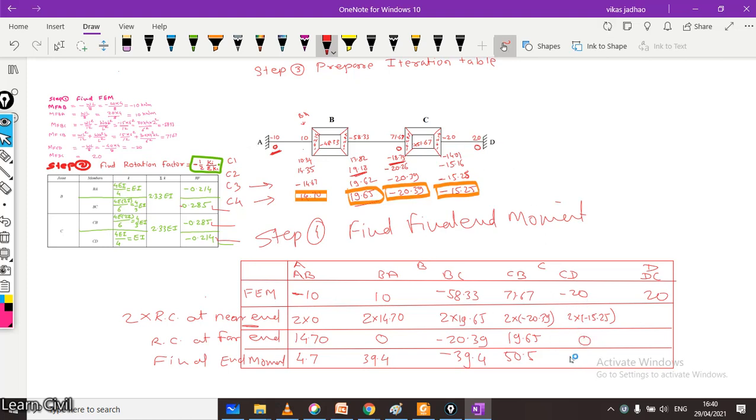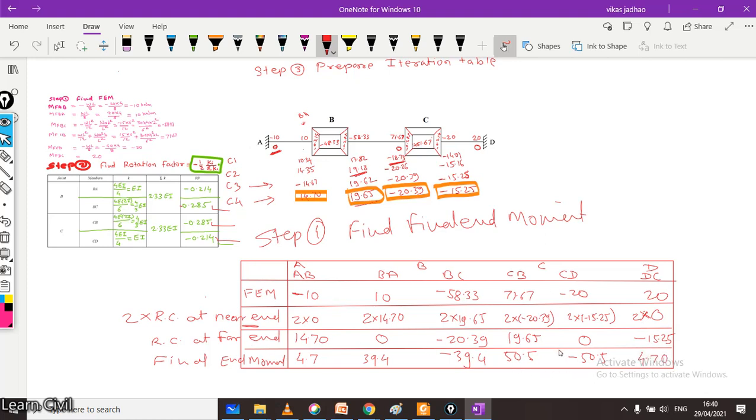Take sum of all these, you will get minus 50.5. Same here for DC, rotation contribution at near end is 0, so 2 into 0 will be 0. And rotation contribution at far end is minus 15.25. So minus 15.25. Okay, so the final end moment will be 4.70.